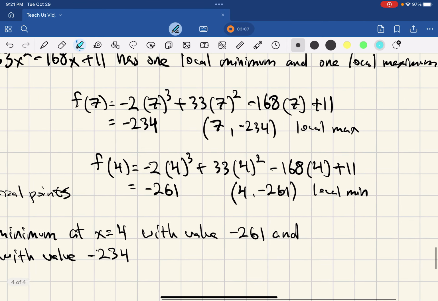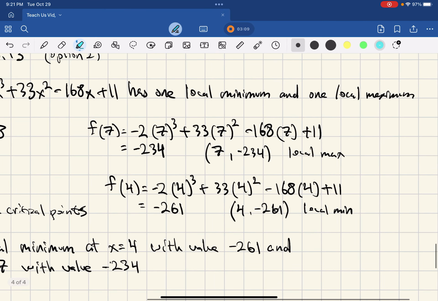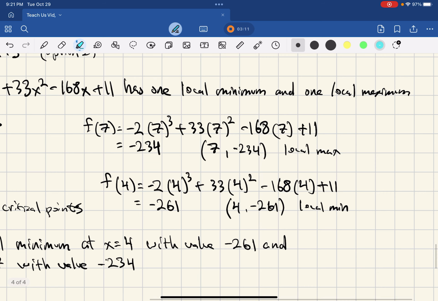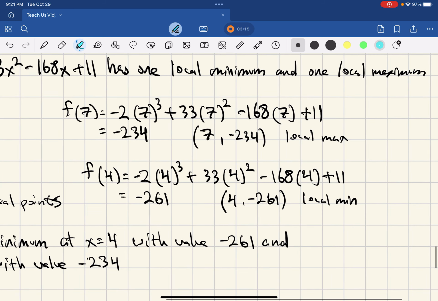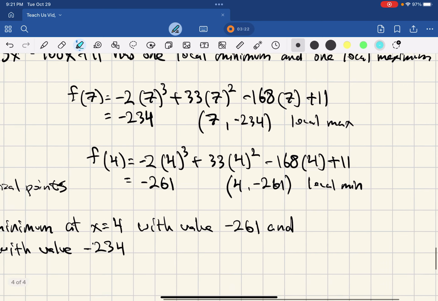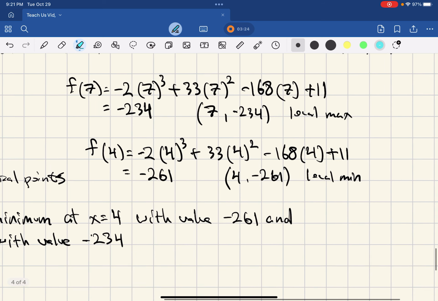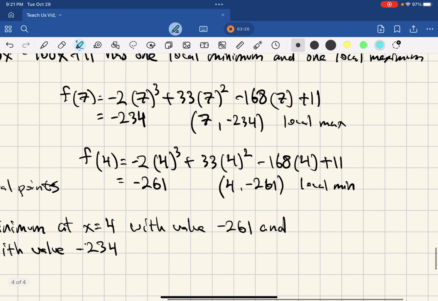Since we've been told from the beginning that there is one local minimum and one local maximum, looking at the y values, negative 234 is greater than negative 261.